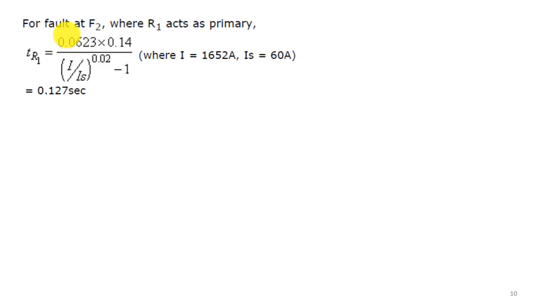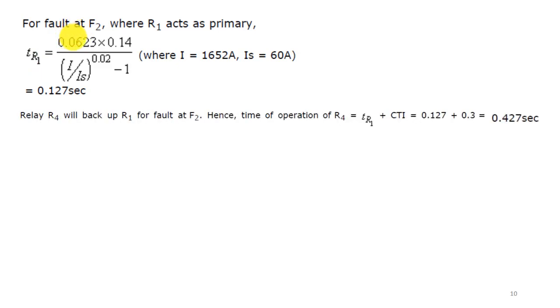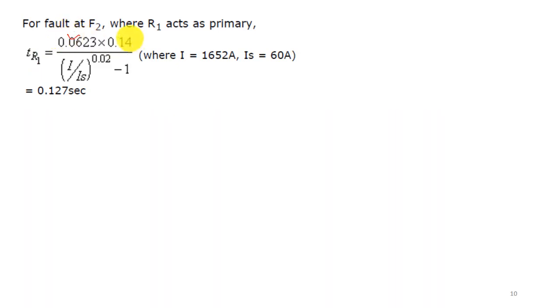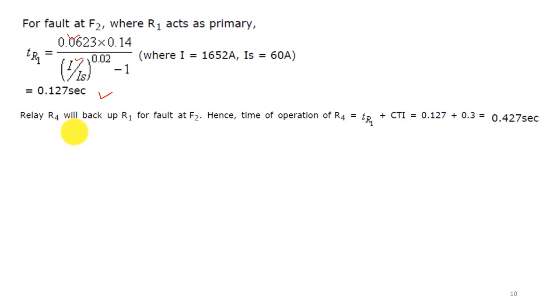Just by putting in the TMS setting we found, then the pickup current and the fault current, we found that the operation time of relay R1 when it is acting as the primary relay for F2 is 0.127 second. Okay.